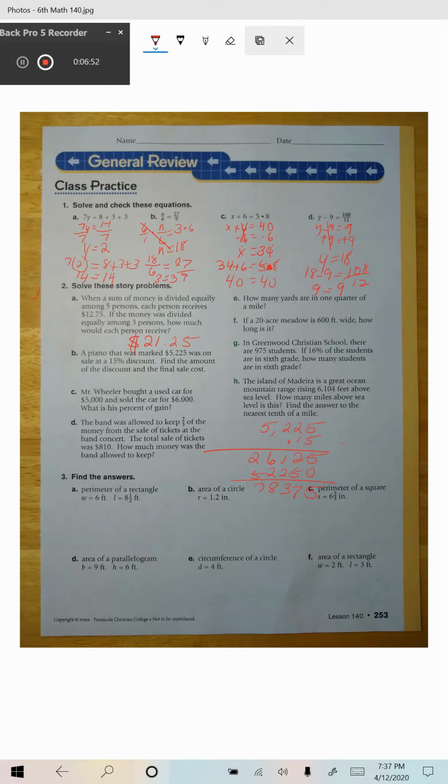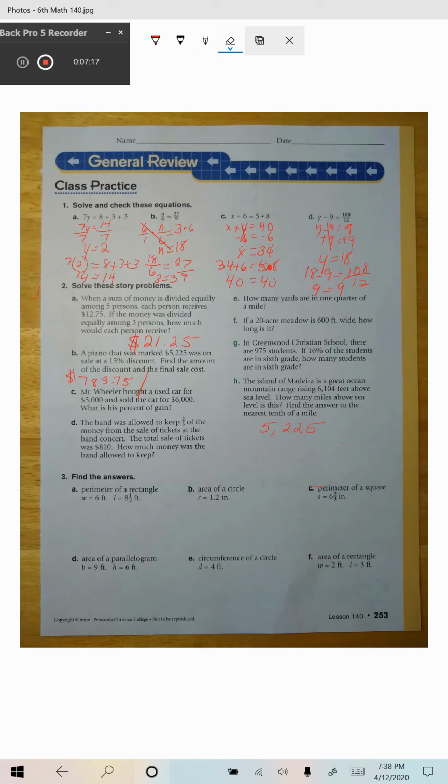All right, so it looks to me like they have $783.75 off, right? Okay, but this is a two-part question. All right, so we got to take that discount and subtract it from the original price to find the new price. So I'm just going to get rid of everything but the original price.